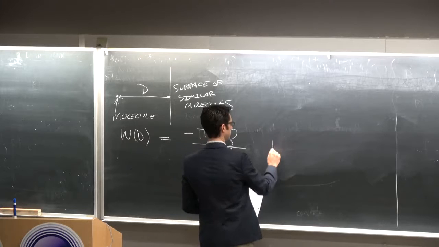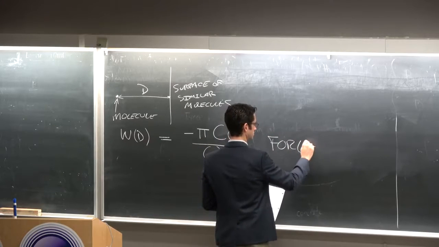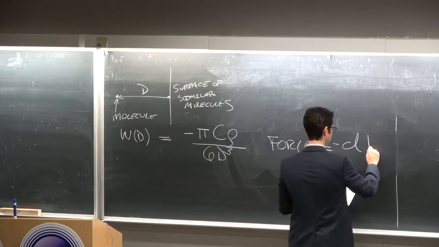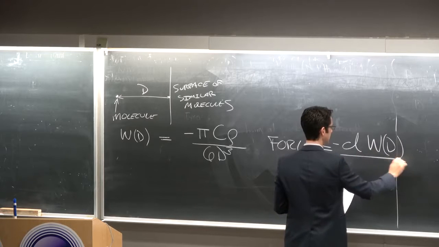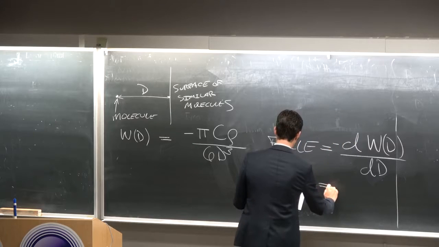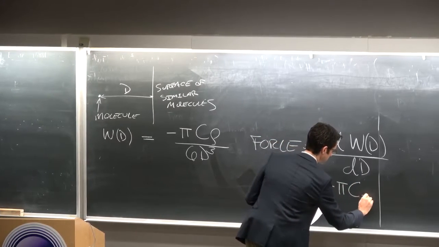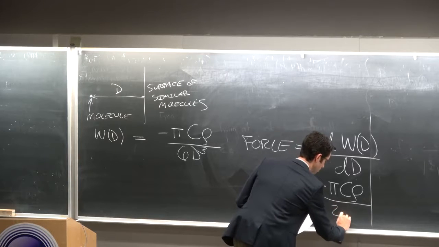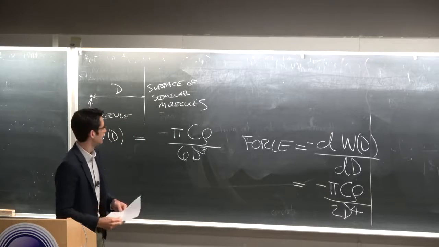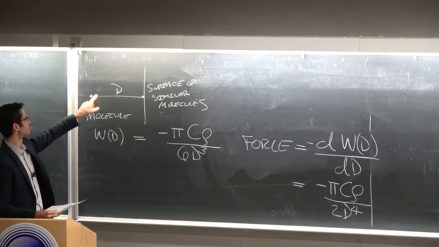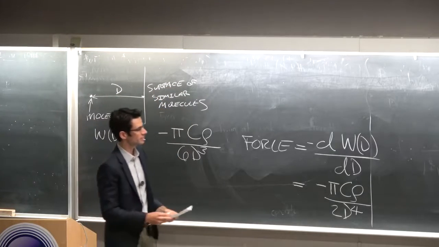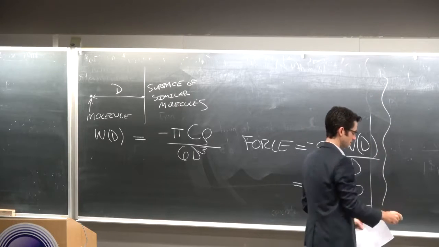And the force is minus dW(d) over dd, and that is minus pi C rho over 2 d to the fourth. And we got this by summing the interactions between this molecule and all the molecules in the surface. And we can come up with similar relations for other geometries.